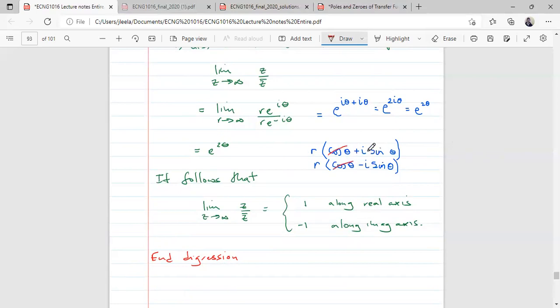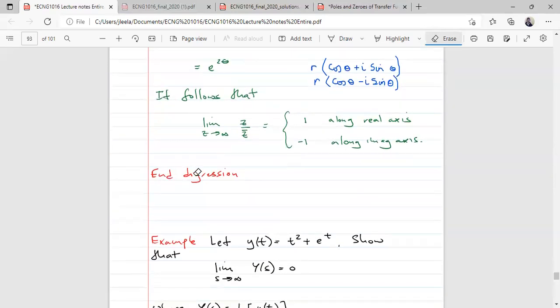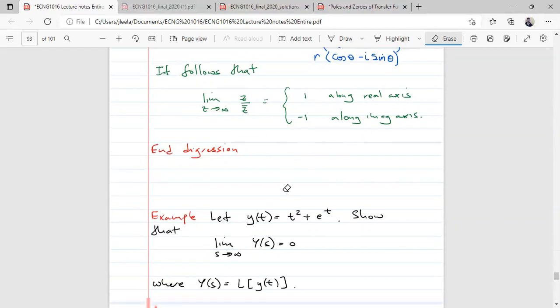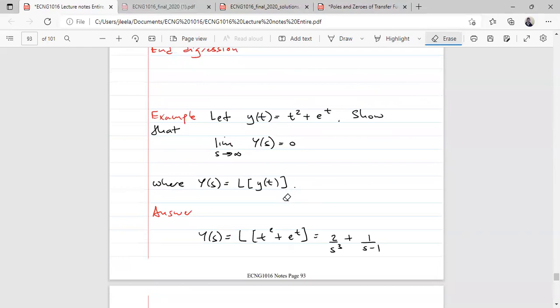So you'll get r i sine theta over r minus i sine theta. So everything will cancel, and you end up with minus 1. Right? So I just do that there to show you. So the limit of this here, z over z conjugate, is equal to 1 along the real axis and minus 1 along the imaginary axis.